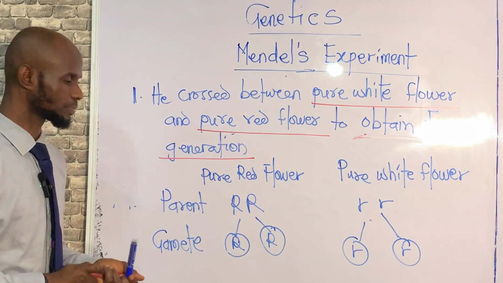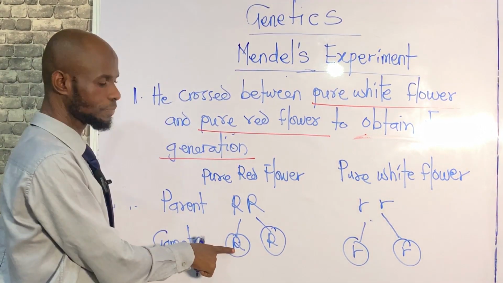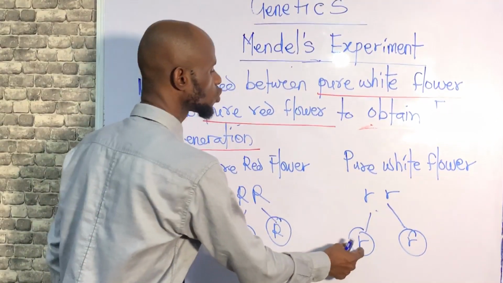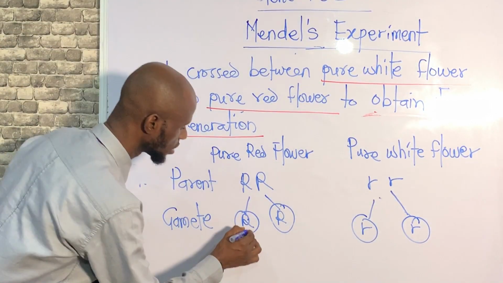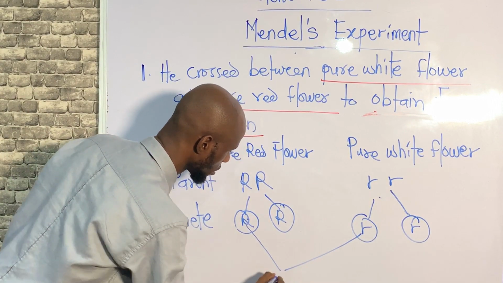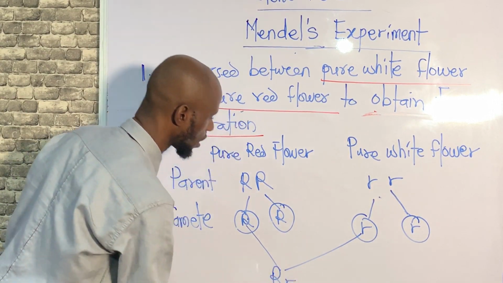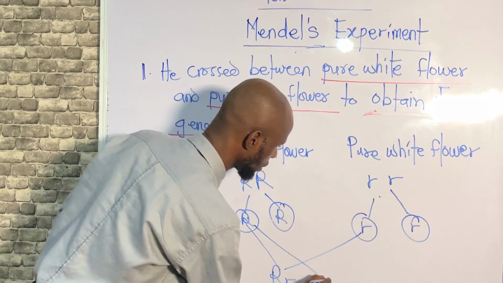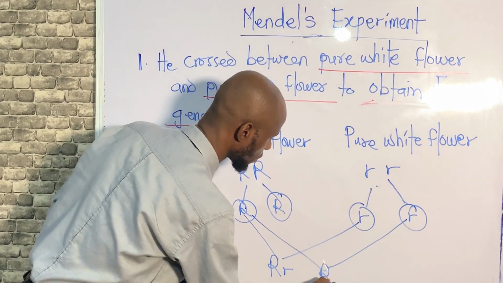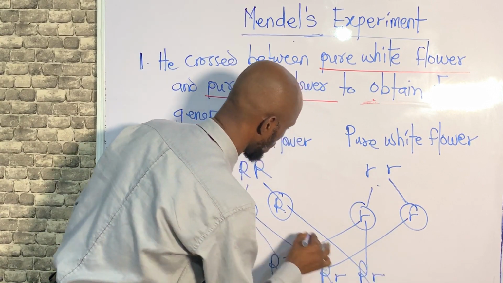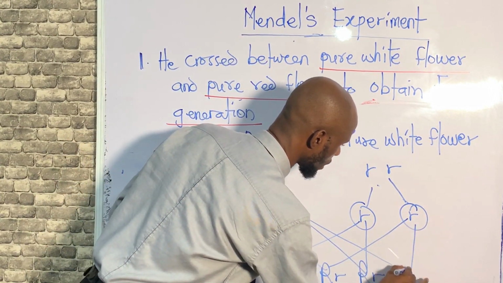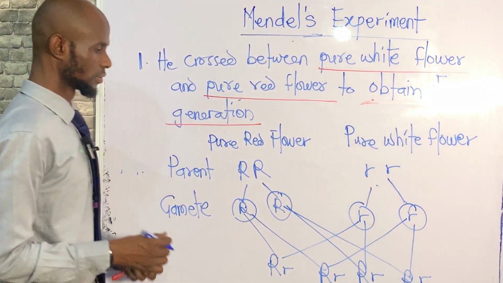Now, the first big R you cross with the two small r, and the second big R you cross with the two small r as well. So we have big R, small r, four times.